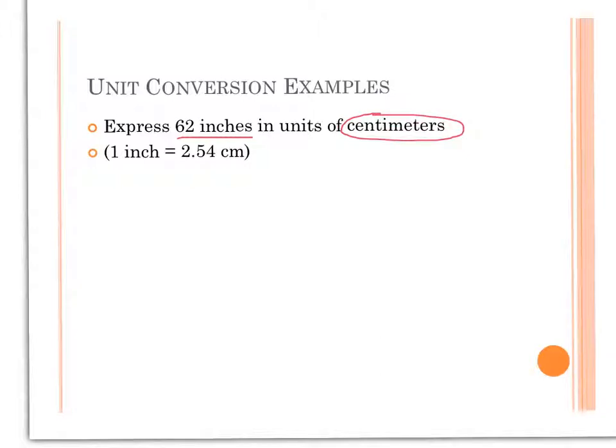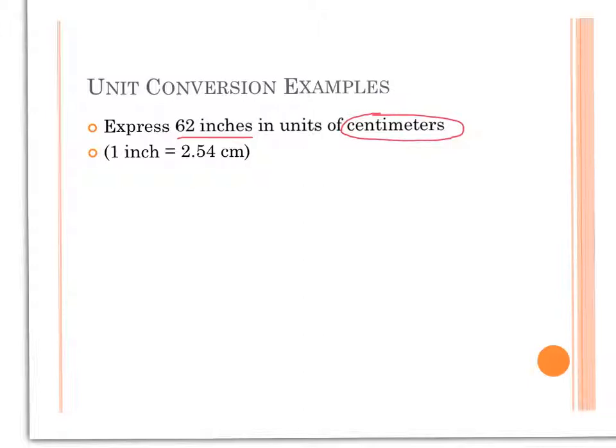I've already put here the conversion factor that you're going to need, but in a problem where it's not given to you, the first thing you want to do is look at your list of conversion factors, which you already have, and find one that relates those two units to one another. In this case, there are 2.54 centimeters for every 1 inch.